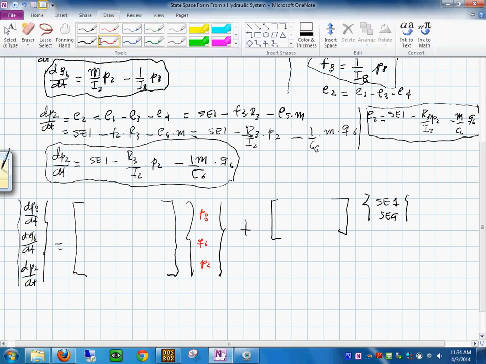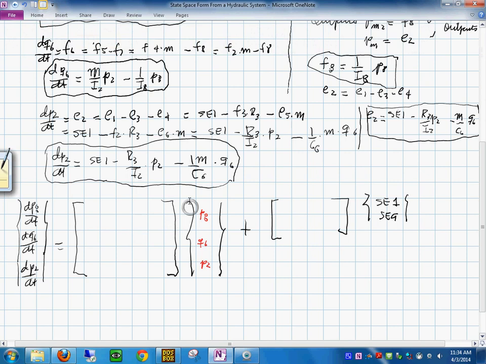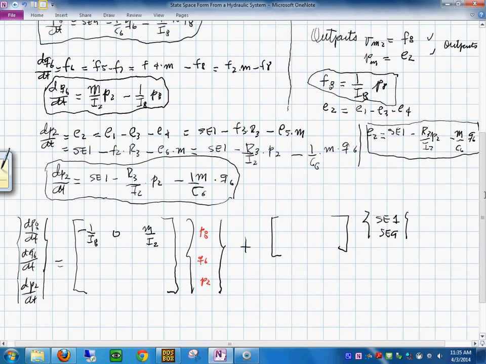From this equation, you have minus 1 over I sub 8, and then you have a 0, and then M over I sub 2, and then you have a, what did I do?